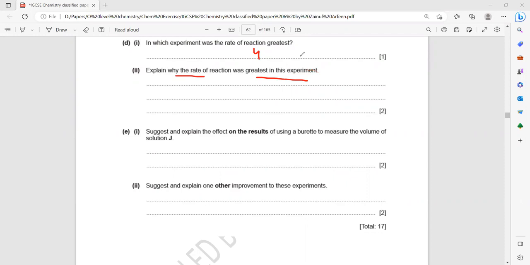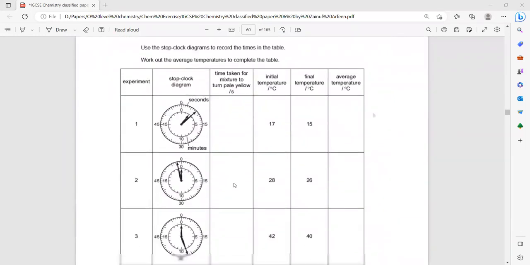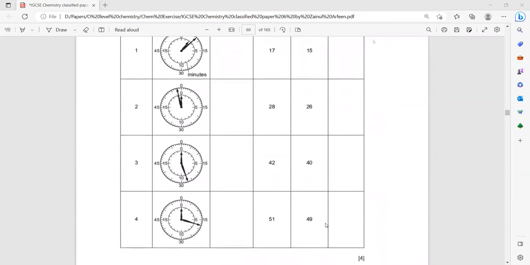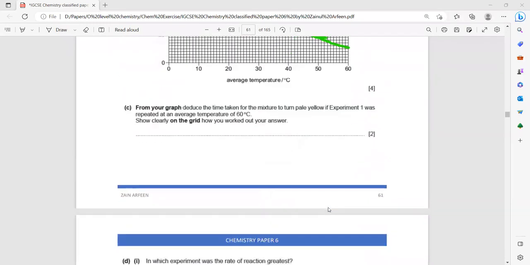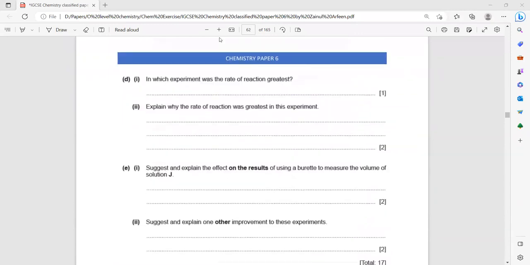As you can see, in experiment 4, when it was done, the average temperature was 50. So it was a high temperature as compared to any other. You will mention this in the reason, because at higher temperature the reactant particles which are colliding have more motion and react far more, so a greater number of successful collisions will be there, more effective collisions.